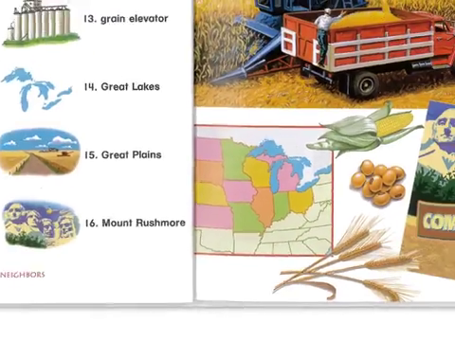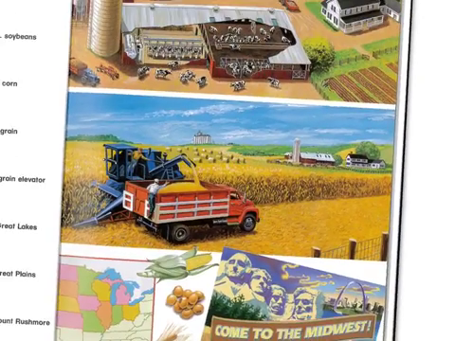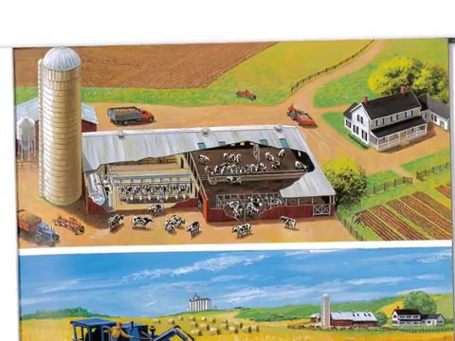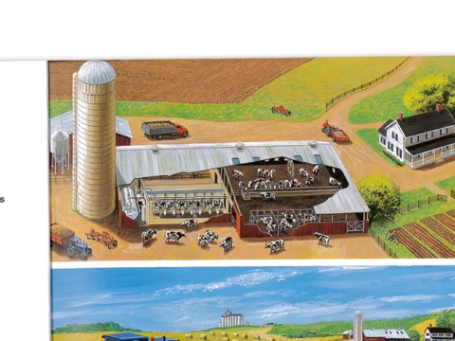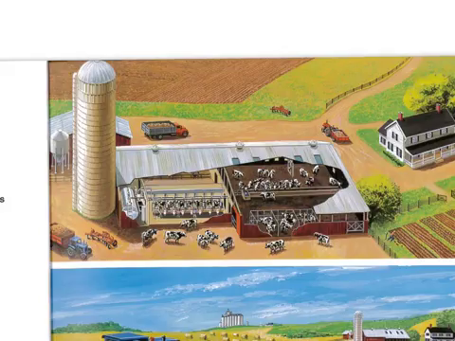Okay, let's look back at our pictures. Okay, so we have the cow barn. This looks like the grain elevator. We have our plow, cattle, a farmhouse. Anything else?